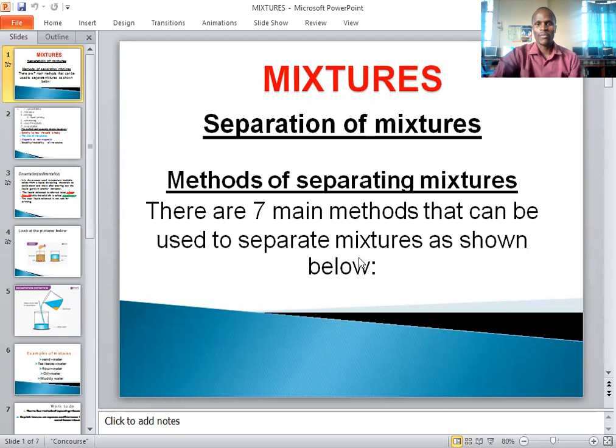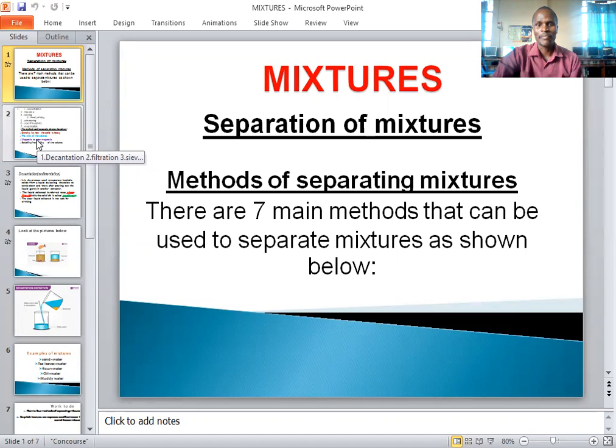Before you look at the individual methods, we have 7 main methods that can be used to separate mixtures. Now, these methods include, 1, decantation, or we can call it sedimentation. We have filtration. We have use of magnets.